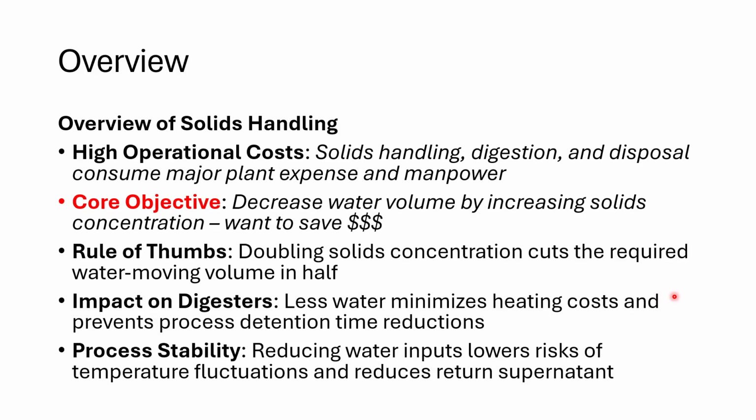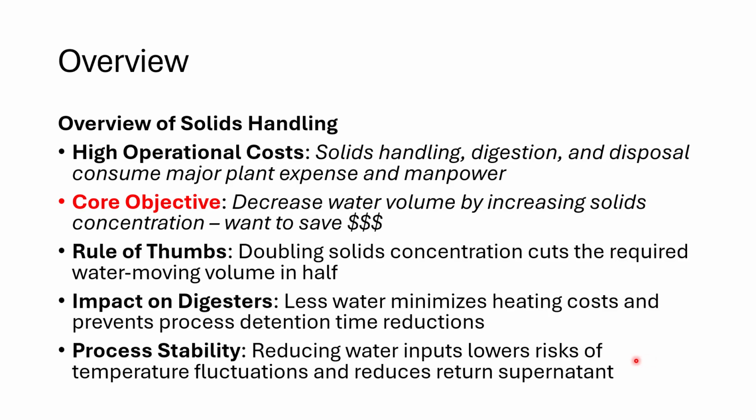So the idea here is those swings can cause instability in our process. So by minimizing the water content in our sludge in these thickeners or digesters, we're creating a stable environment with which to operate. We're going to eliminate swings, high temperatures, as well as low temperatures, okay?